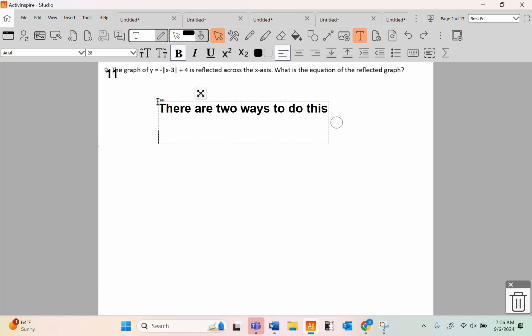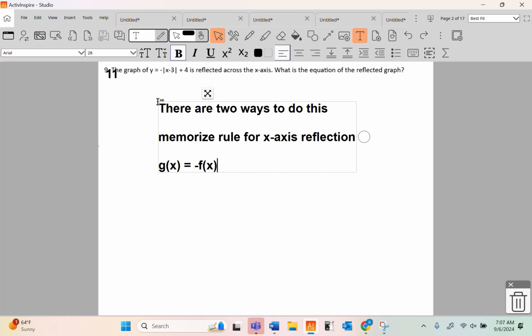One is you can memorize the rule. The new function is going to be the negativity of the old function. That's the rule, all right?